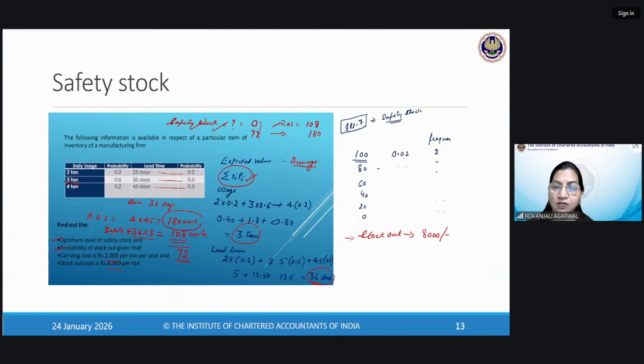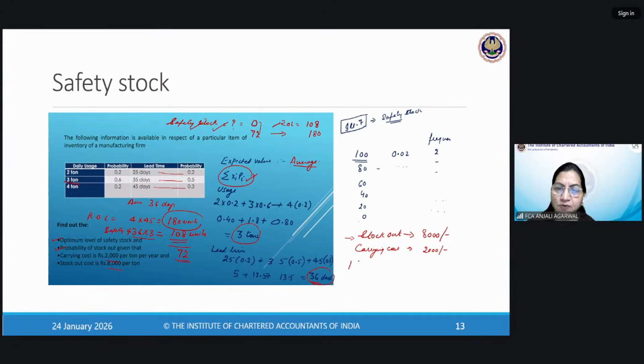So see, if a stock out cost is 80,000, 100,000, lakhs, it's too high a cost. I'll not take any risk. And the carrying cost is 2,000. And if the carrying cost was just 2 rupees, even then I would not have taken any risk. I would have easily carried all the extra inventories of 72.